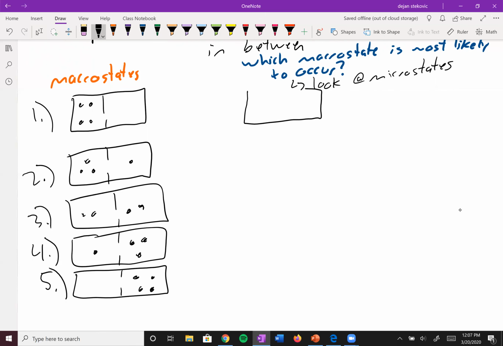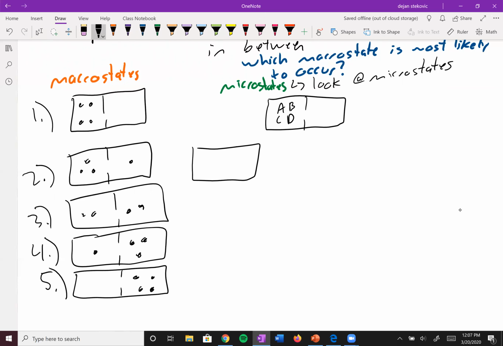So for example, we'll call this side the microstates. The only way all 4 particles are on the left side is if A, B, C, and D all have to be on the left side in order to achieve this macrostate. That's the only way you can organize it.